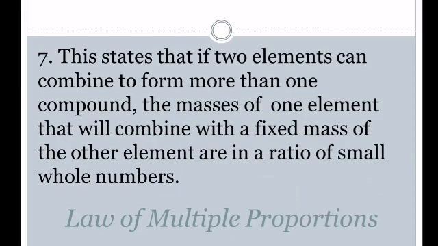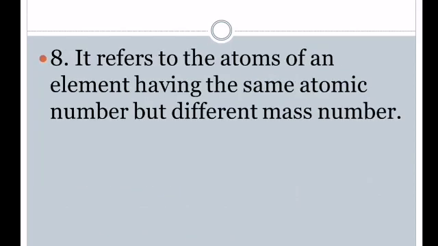That is the law of multiple proportions. Number 8. It refers to the atoms of an element having the same atomic number but different mass number. What is your answer? Exactly. That is isotopes.